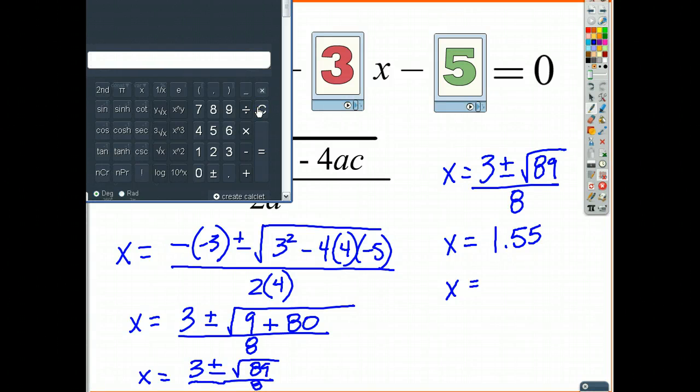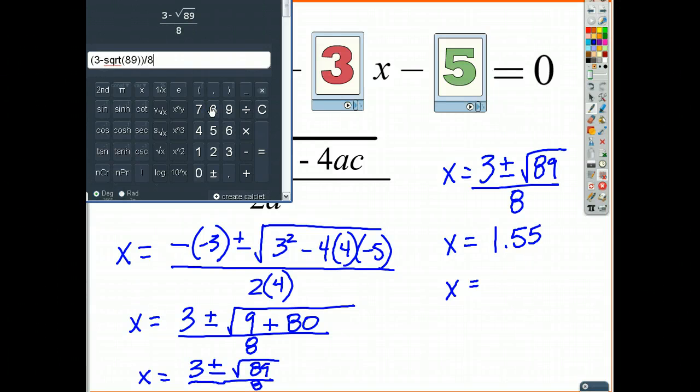I'll just do the whole thing again: 3 minus the square root of 89. Close that parentheses. Can I type in here? Yep, I can. What I did there is I accidentally forgot parentheses, because with order of operations I need to do this whole thing first and then divide by 8.